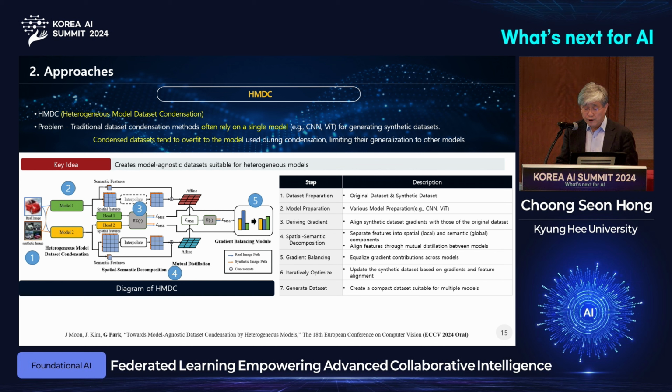The process separates spatial and semantic features through mutual distillation between the models. Finally, the synthetic dataset is gradually optimized for gradient and feature alignment.